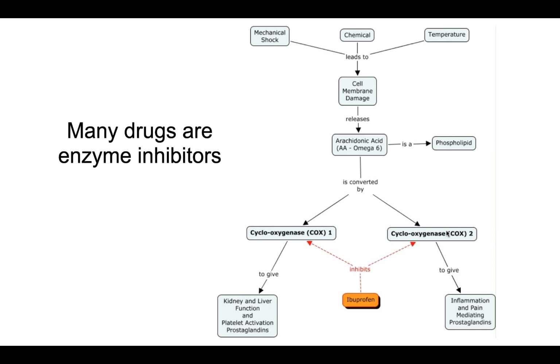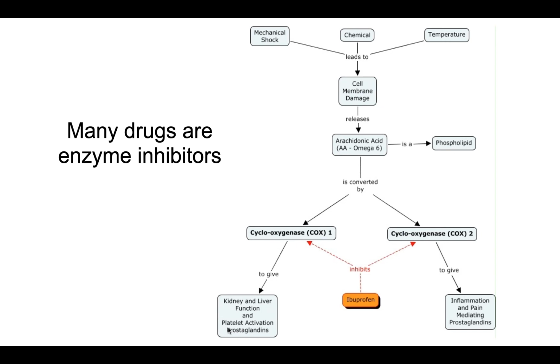And COX-2 is involved in a biochemical pathway that leads to prostaglandins that mediate inflammation and pain, which means when you take ibuprofen, you are inhibiting these two enzymes, inhibiting these two biochemical pathways, and therefore you are reducing inflammation, reducing pain, but at the same time, because it also inhibits COX-1, if you take too much of it, you can alter your kidney or liver function, and you will reduce platelet activation, which means ibuprofen will lead to what's called blood thinning.